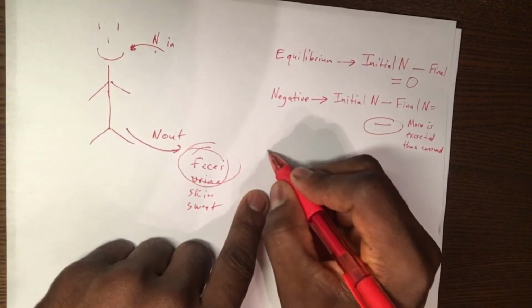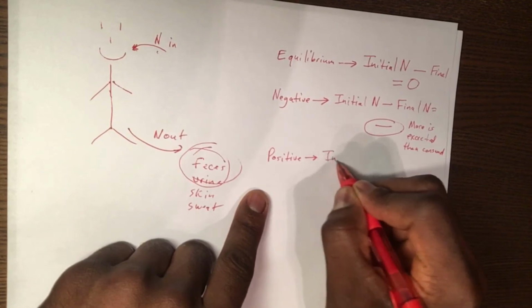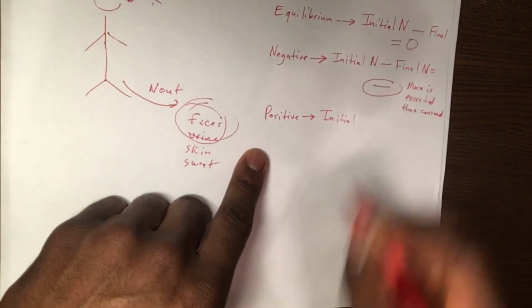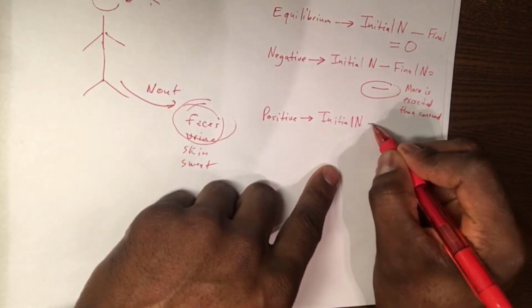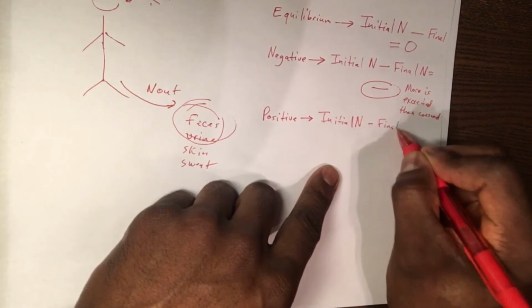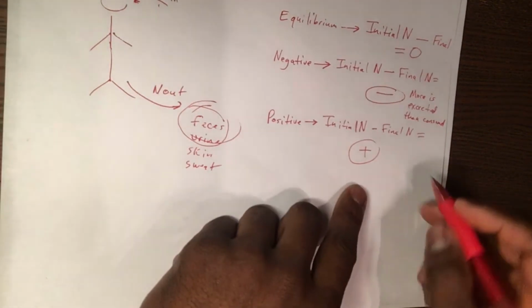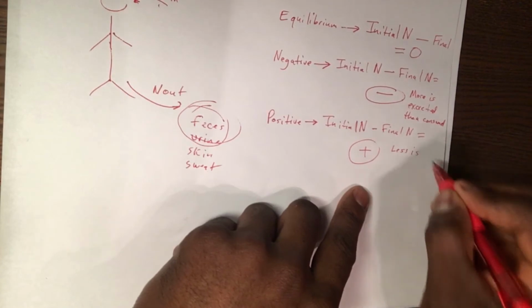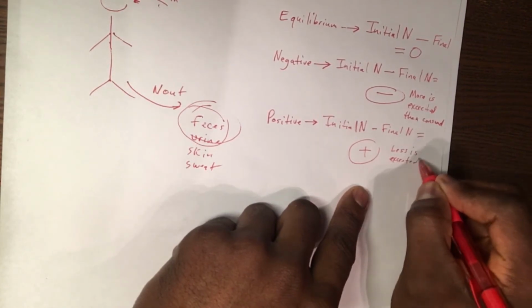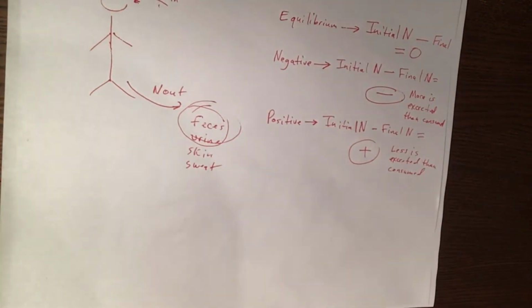Now for positive balance, this is initial nitrogen minus the final nitrogen equals a positive value. So it's going to be less is excreted than consumed. And the reason for this is because, let's say for instance, we have a child.